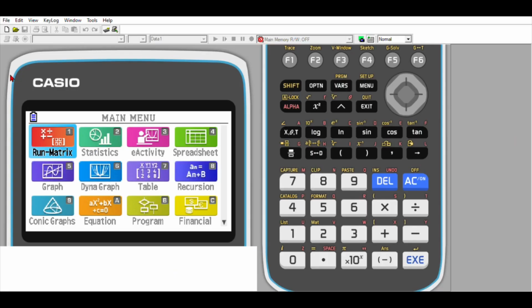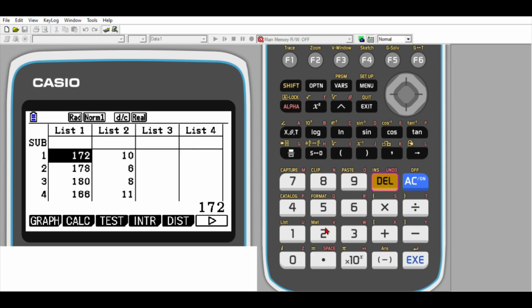Okay, so this is a calculator. Once again, if we go to menu statistics, you may follow this using your calculators as well. Let me erase all of this information over here.